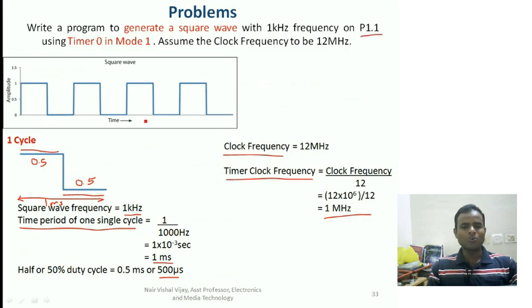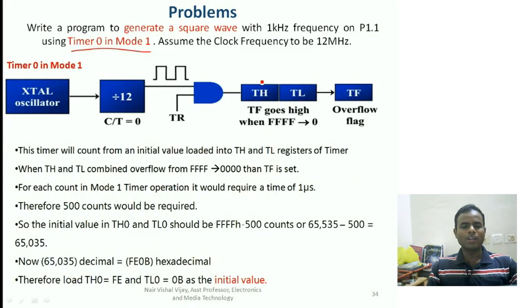Now, to load a value in TH, TL and count it, from 000 to 001, how much time do I require? Between these two values, how much time do I require if my timer clock frequency is 1 megahertz?